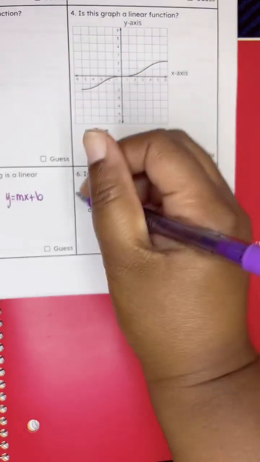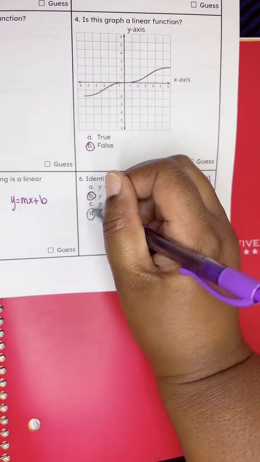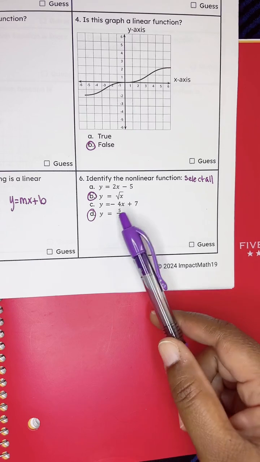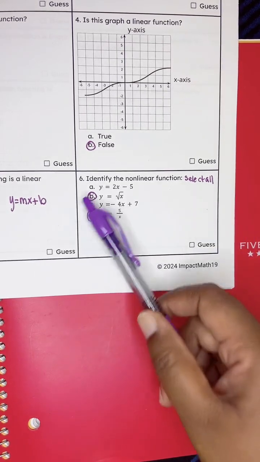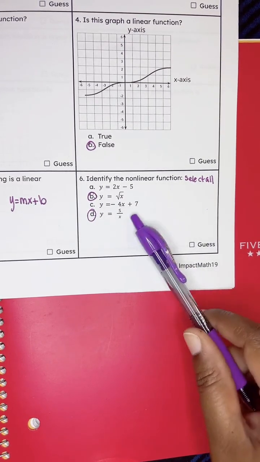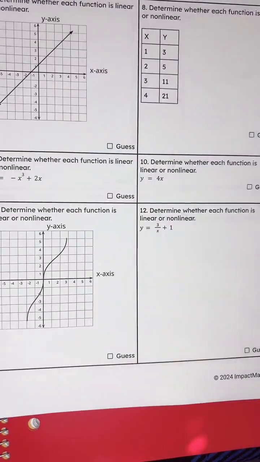B, good. B is. Does anybody else see the B? Lauren, B, Andy. Yes. This is non-linear, guys, because the x is in the denominator. So this should have been a select all problem, B and D, or I need to change this to like 5x. Okay. So good. All right, beautiful.